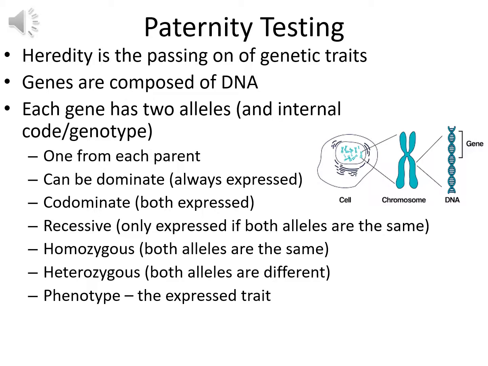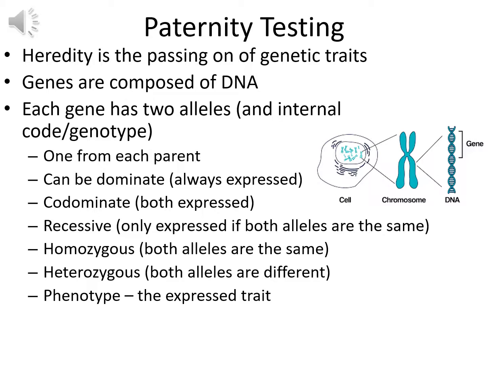But all of it relies on the fact that mother and father pass on genetic traits to offspring. So heredity is the passing on of those traits. Genes are composed of DNA. They're segments of DNA that code for protein synthesis. So each gene has two alleles, and one came from mother and one came from father. So that will give rise to what we call the genotype.